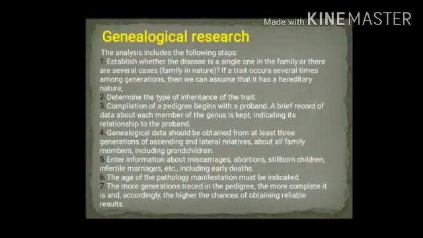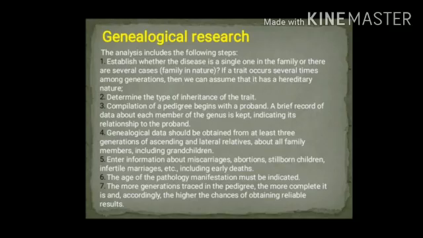The analysis includes the following steps. The first, establish whether the disease is a single case in the family or there are several cases in the family. If a trait occurs several times among generations, then we can assume that it has a hereditary nature.